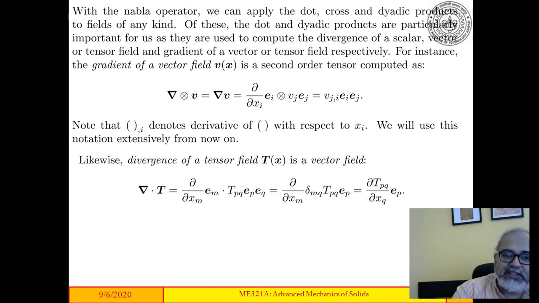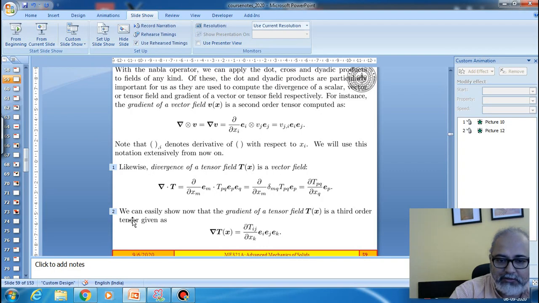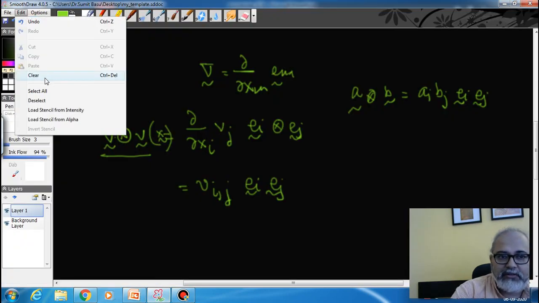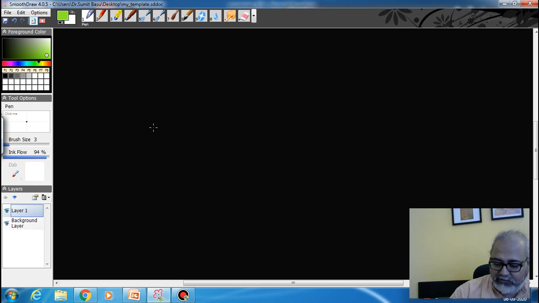Again, the divergence of a tensor field, a second order tensor, is done in the same way.